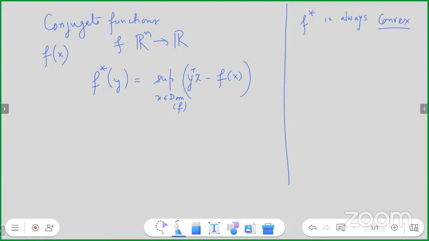We computed f star of y for some particular choices of f. Which are the nice ones?